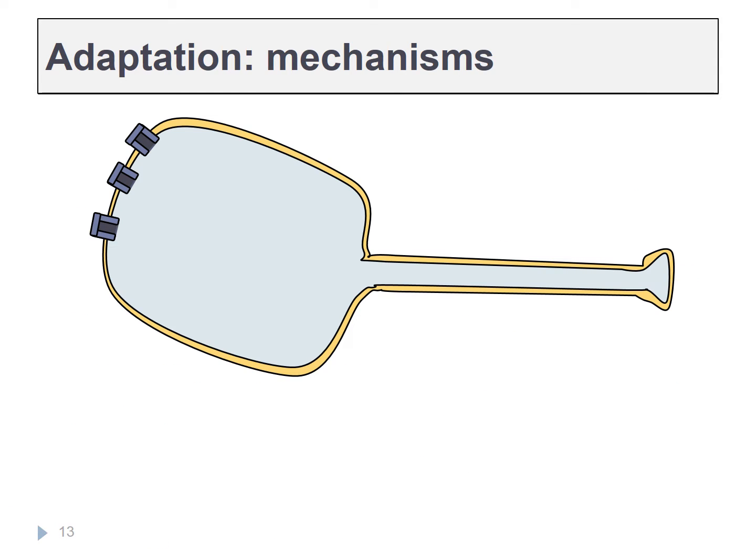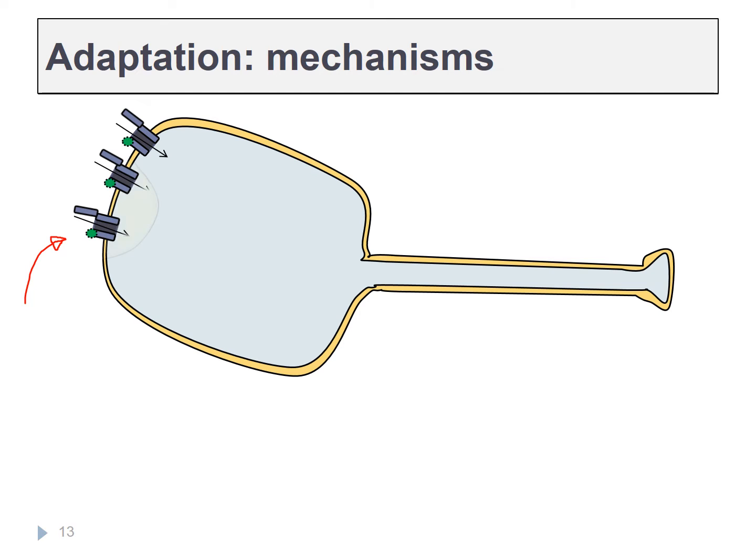There are two major mechanisms by which neurons can adapt to signals that don't change. So if we have a neuron here with a few neurotransmitter receptors, and these are getting a signal that is not changing, this is going to stimulate the neuron. But ultimately, we want to quit responding to the signal, even when it's still there.